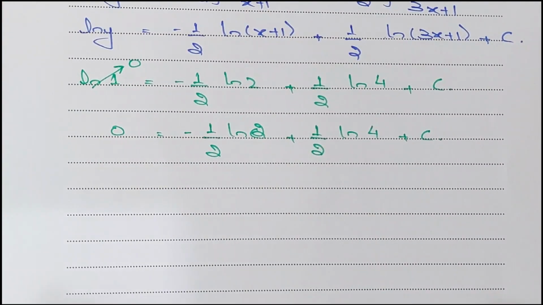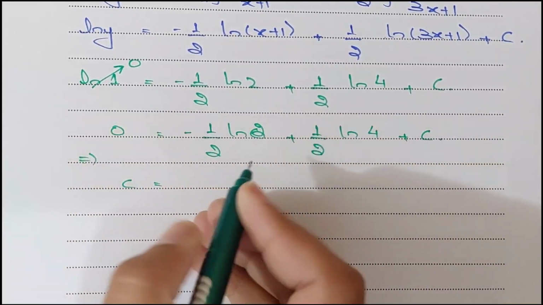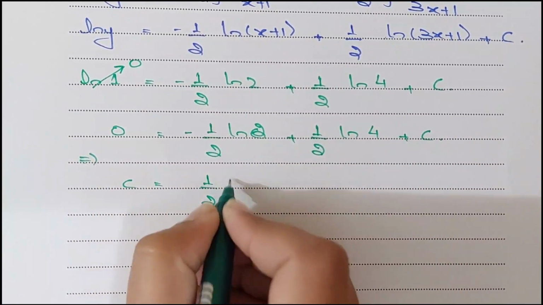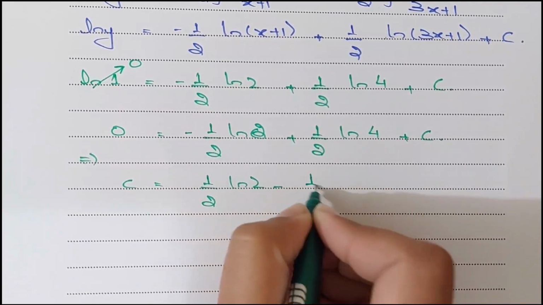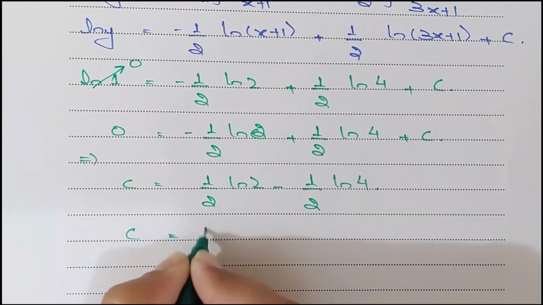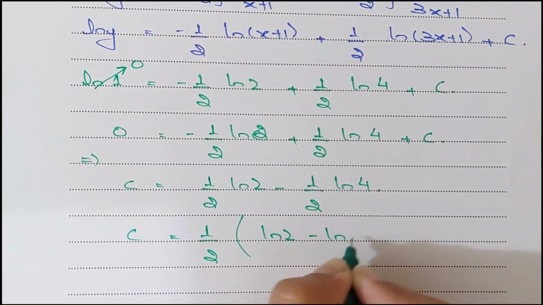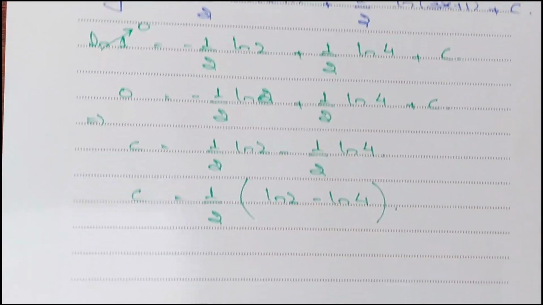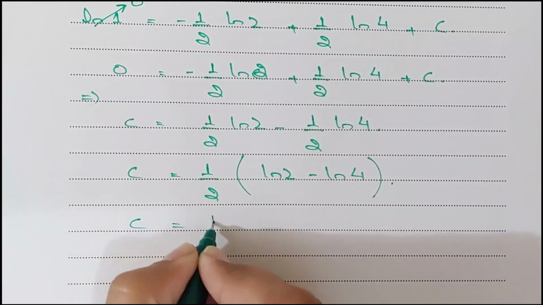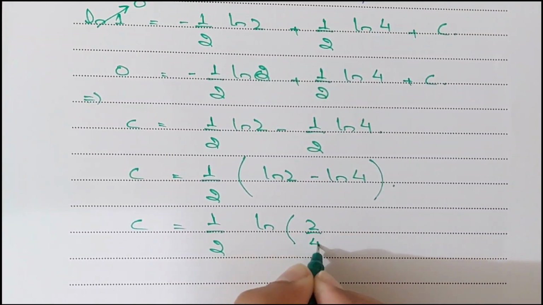Okay, so what is the value for c? So c is basically shifting these two terms to the other side, which is 1 by 2 ln of 2 minus 1 by 2 ln of 4, right? C is taking 1 by 2 common, so we have ln of 2 minus ln 4. Applying the division property here, c is 1 by 2 ln of 2 by 4.